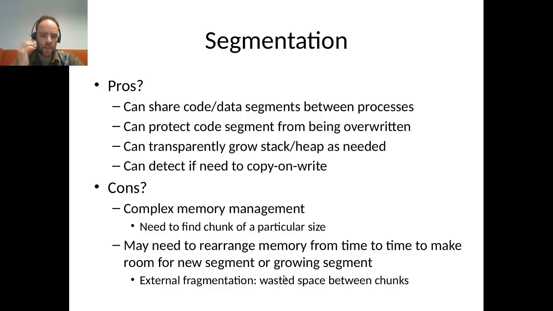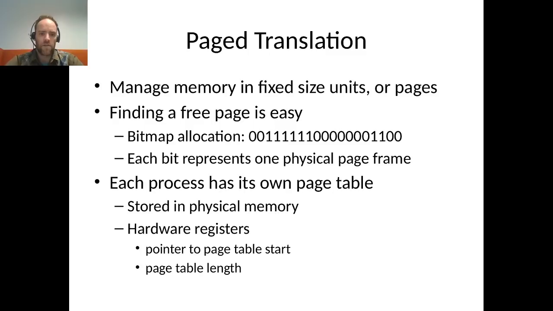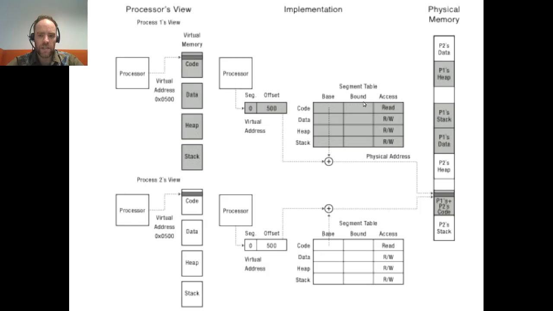So we're going to see exactly how we can solve this. We solve this with a technique called paged translation. Page translation, unlike segmented, uses fixed sized units. With segmented, we saw that all of these contiguous segments could be of different sizes, which ultimately led to this problem of fragmentation.